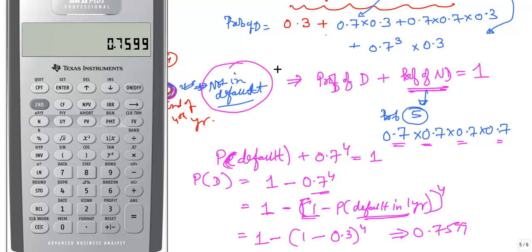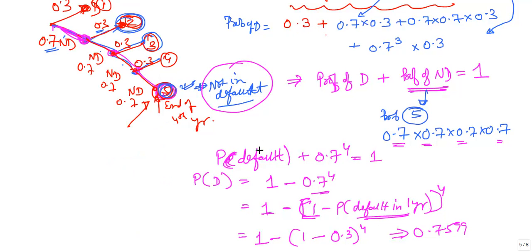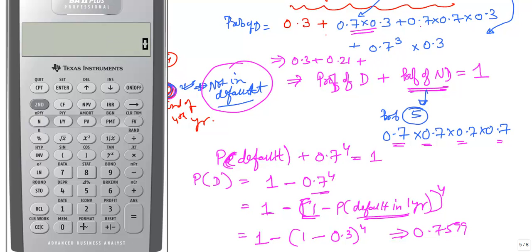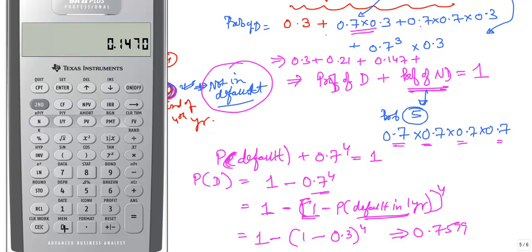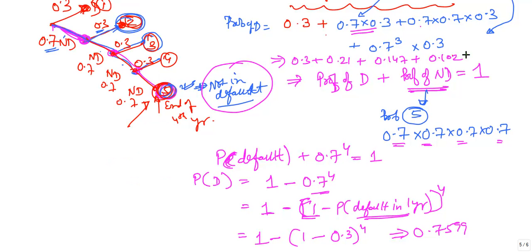Now in the lengthier method you will see we can get the same answer. What we have to do is find out this probability. So we are actually computing 0.3 plus 0.21, and then you are computing 0.21 into 0.7, which is 0.147, plus this into 0.7, so 0.1029, and you add all this, it will get you the same answer.